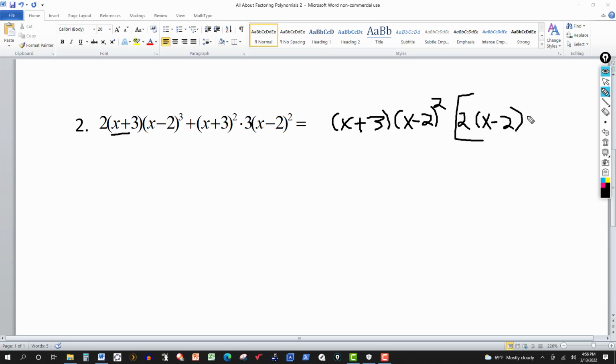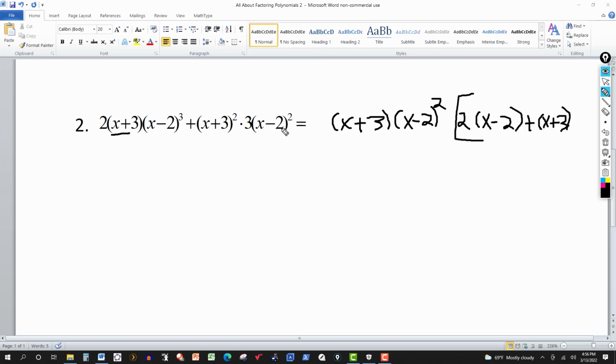And then a plus here. I took out one factor of x plus 3. This one has 2, so I have 1 left over. x plus 3 to the first is left over.